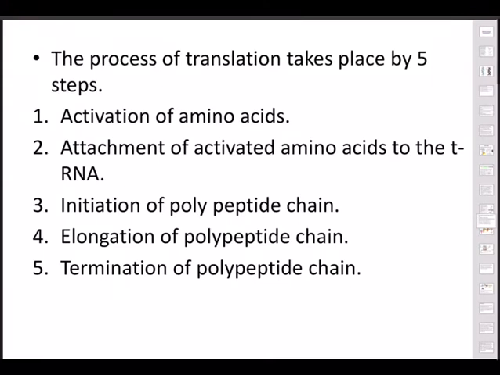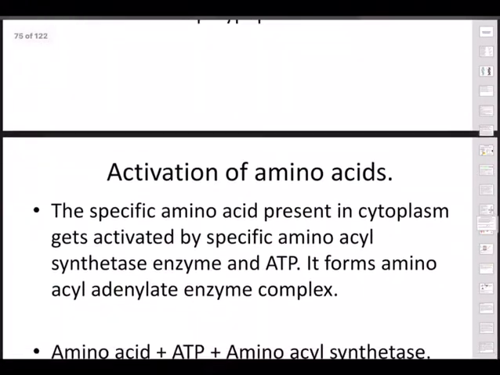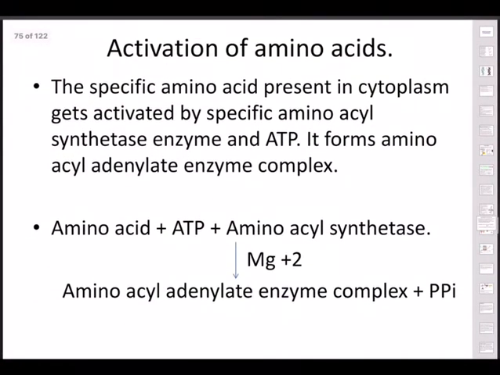And then finally, anything that starts has to end somewhere. So termination of the polypeptide. When does this take place? I said 3 nonsense codons will be there, or senseless codons, or stop codons. And once the stop codons come in mRNA, the anticodon of tRNA and the stop codons will not match, and that is the signal for termination of the polypeptide chain, and protein synthesis gets stopped.